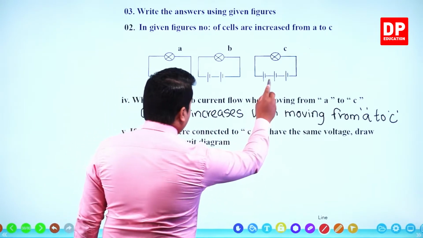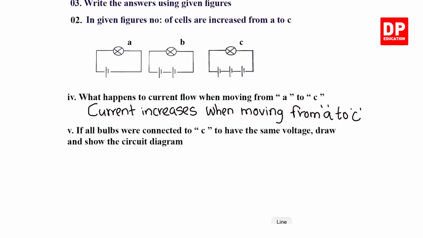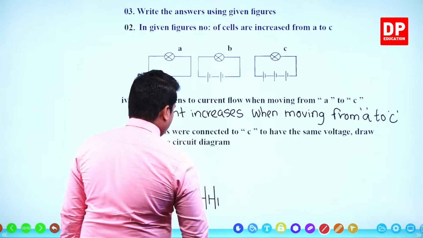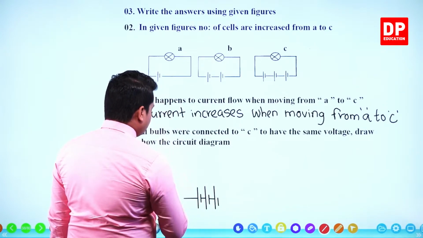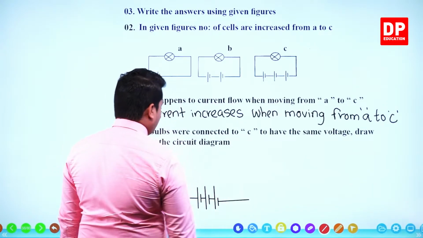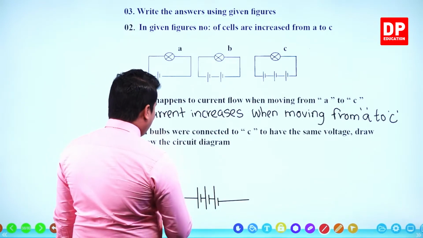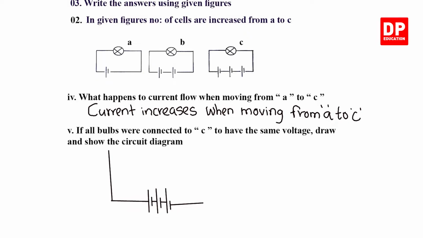So, there are 3 cells in here. 1, 2, 3. So, let's connect these things to each other. Then let's go for the circuit diagram. So, 3 lines together.